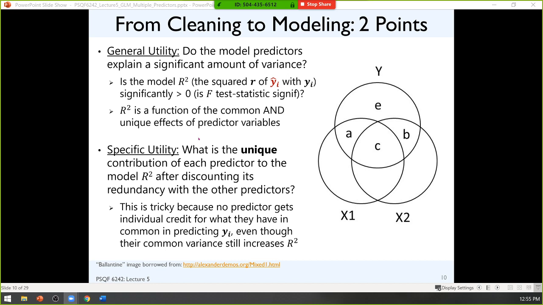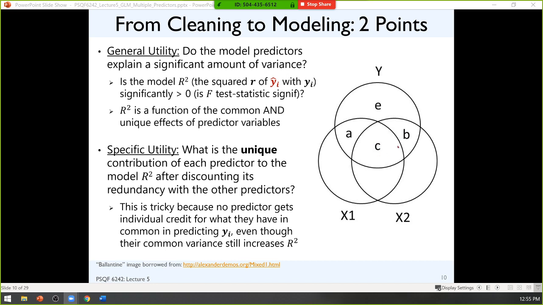And that R square is going to reflect both the unique effect of each variable that any other variable doesn't have and the common parts between them, because common still contributes to prediction. It's just that common isn't going to be attributed to any one predictor. So what is the unique contribution of each predictor to the R square after discounting or controlling for its redundancy?